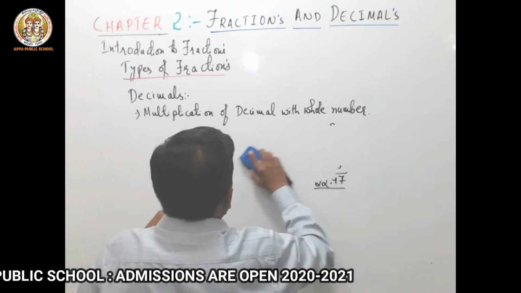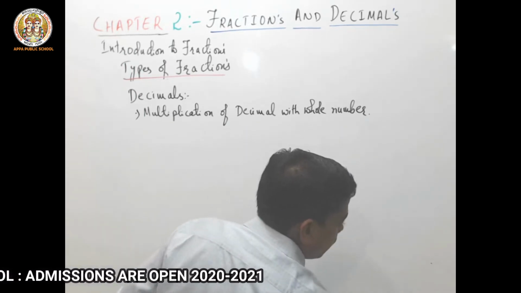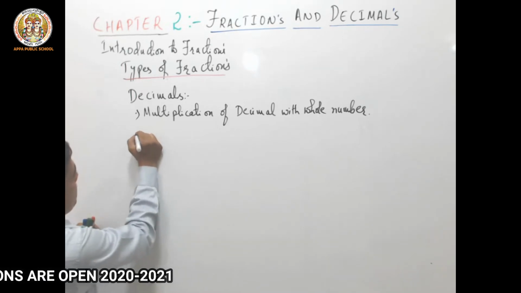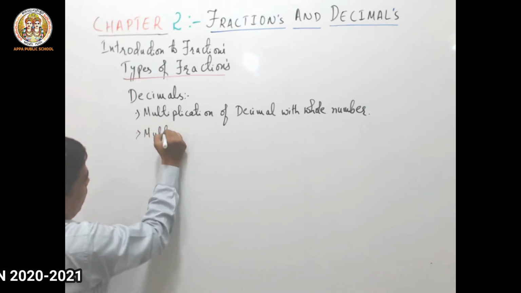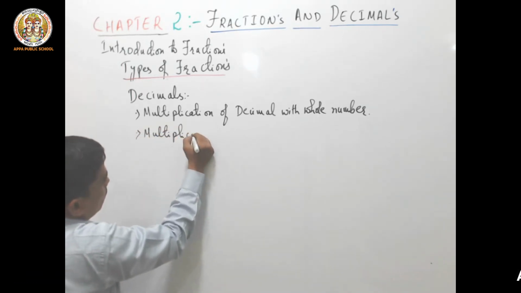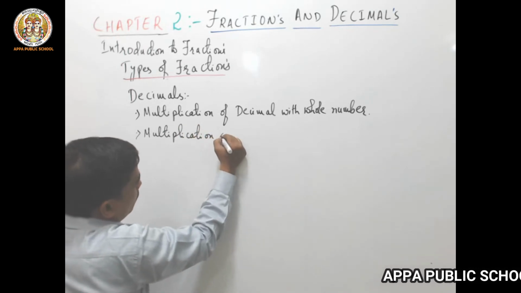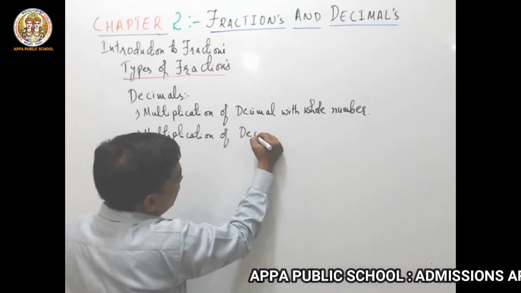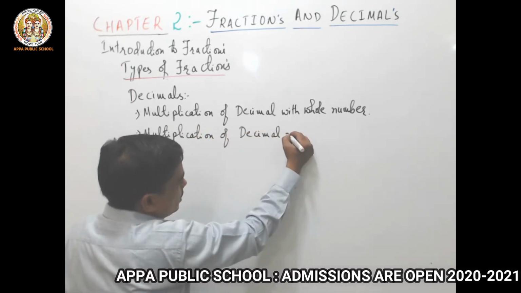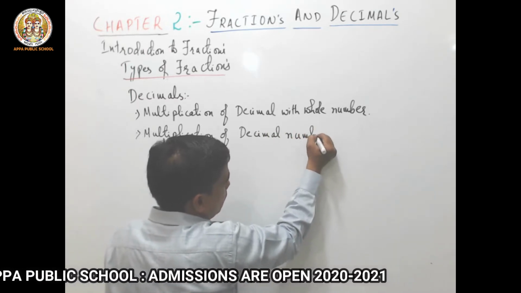Multiplication of a decimal number with a decimal number.